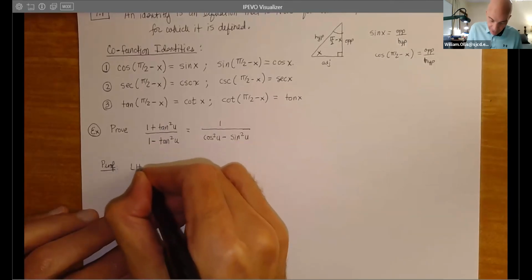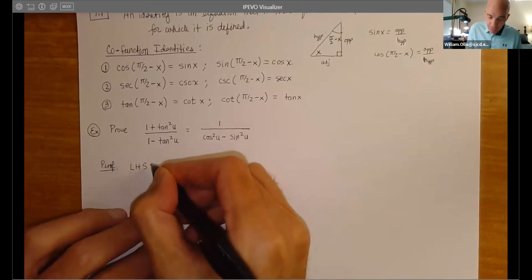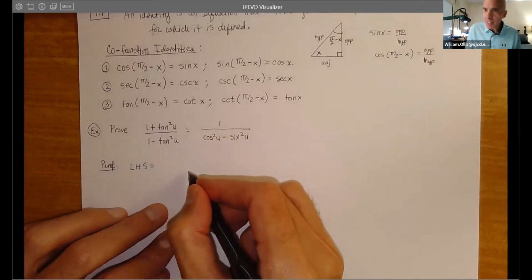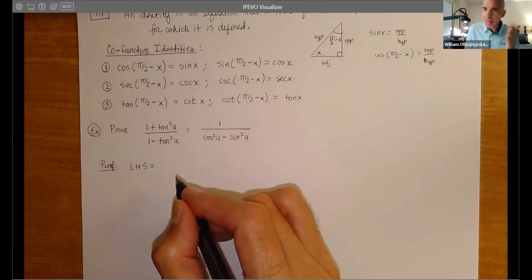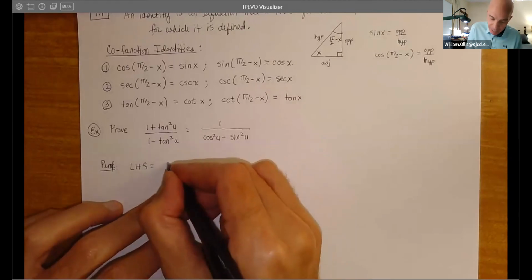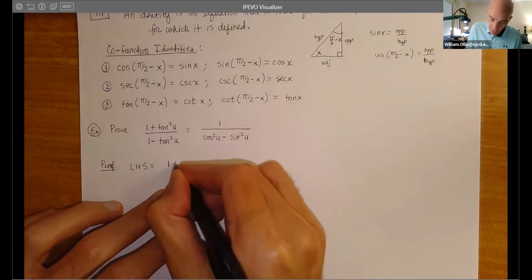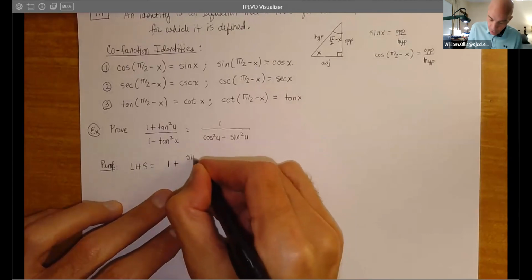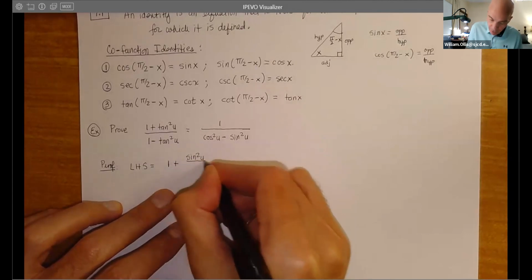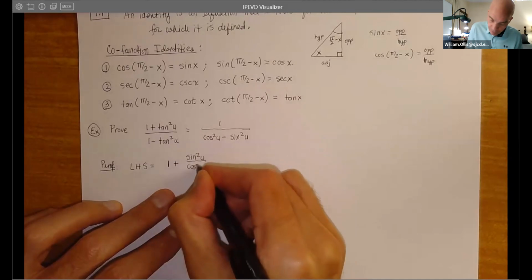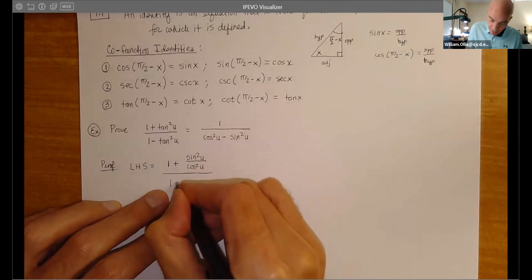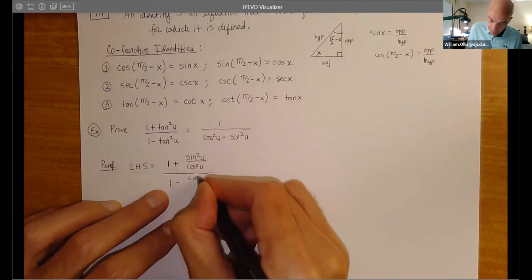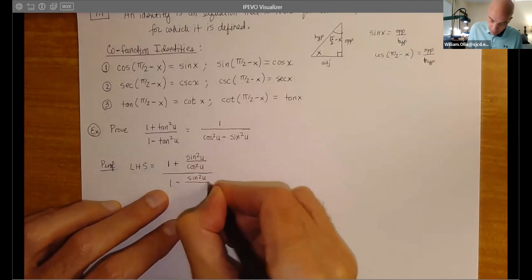So left-hand side, I'm just going to go ahead and rewrite the tangent squared, even though in our minds we know that tangent squared is sine squared over cosine squared. But to make this a little bit easier, I'm just going to write it this way. Sine squared u over cosine squared, and then 1 minus sine squared over cosine squared.